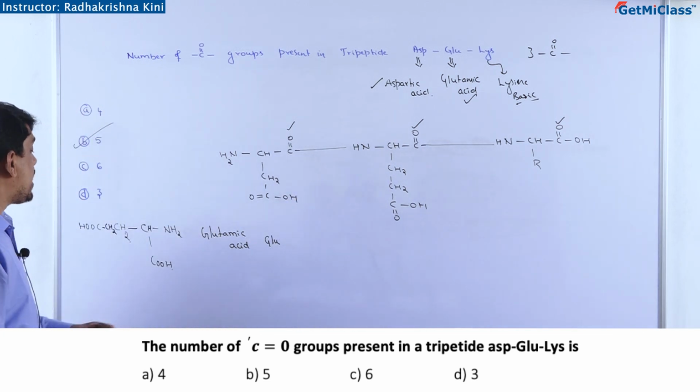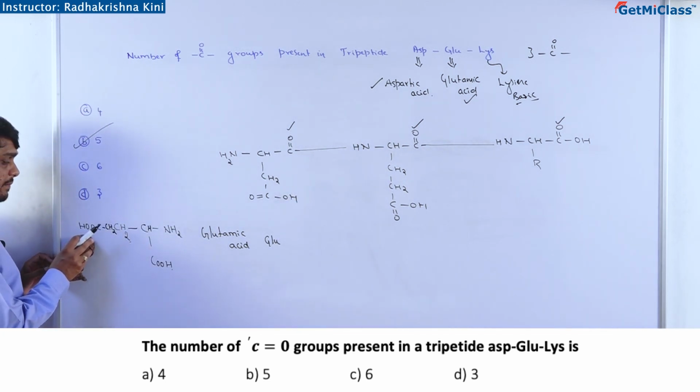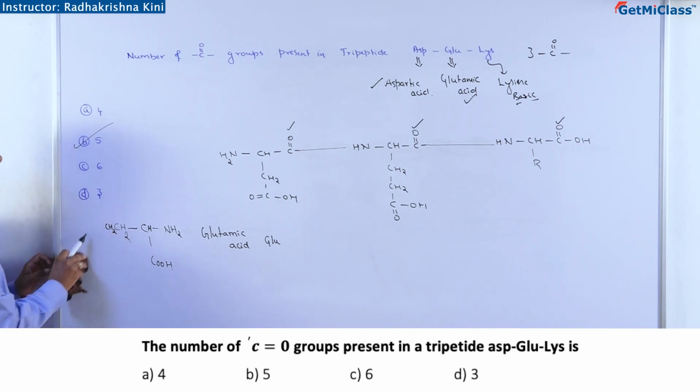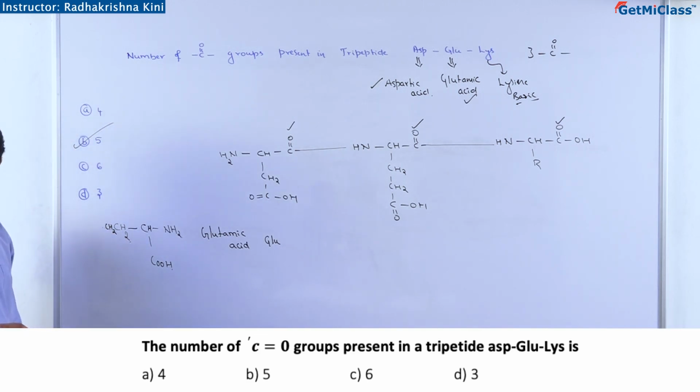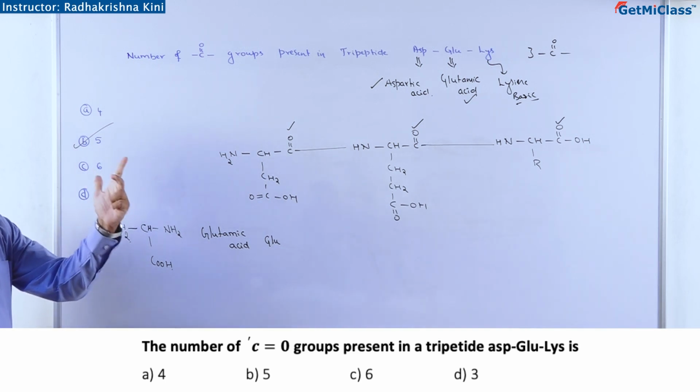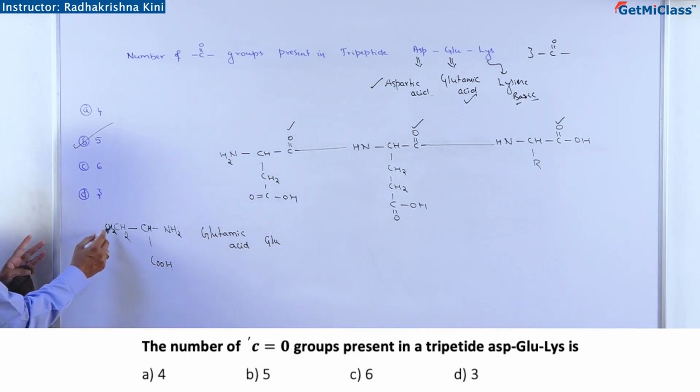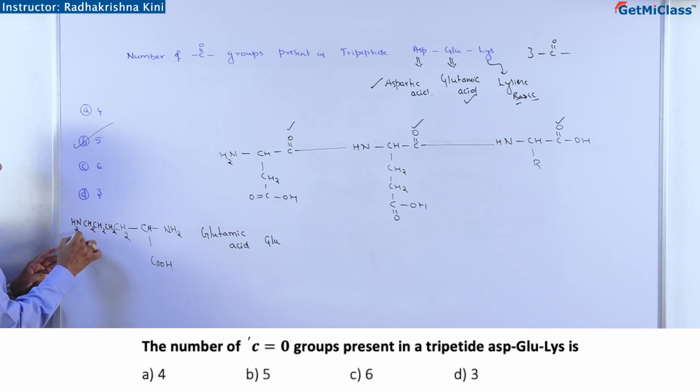Okay. Now what I will do, you check. I want to write the basic alpha amino acid. Base, BASE. So CH2 twice is here. You make it CH2 4 times. A base means there should be an amine, NH2.